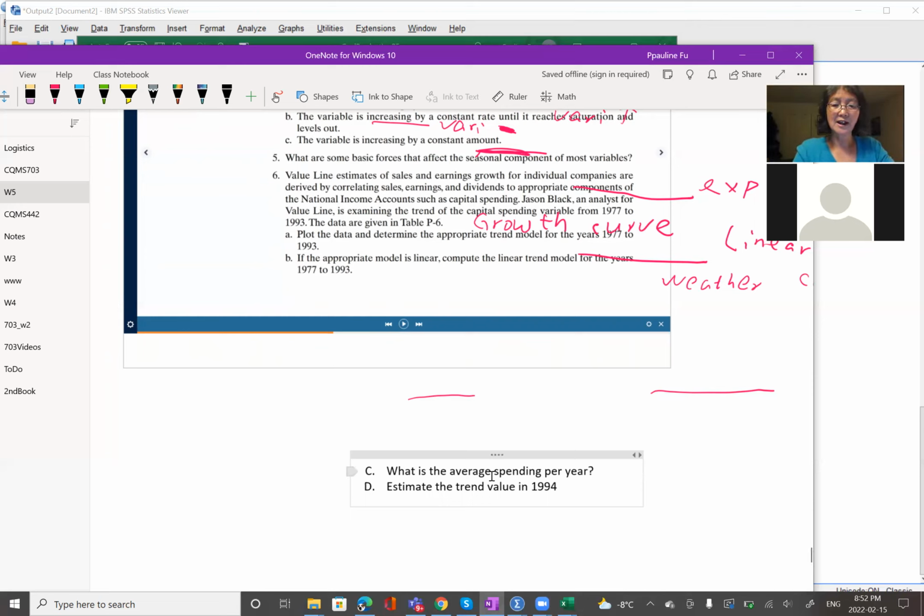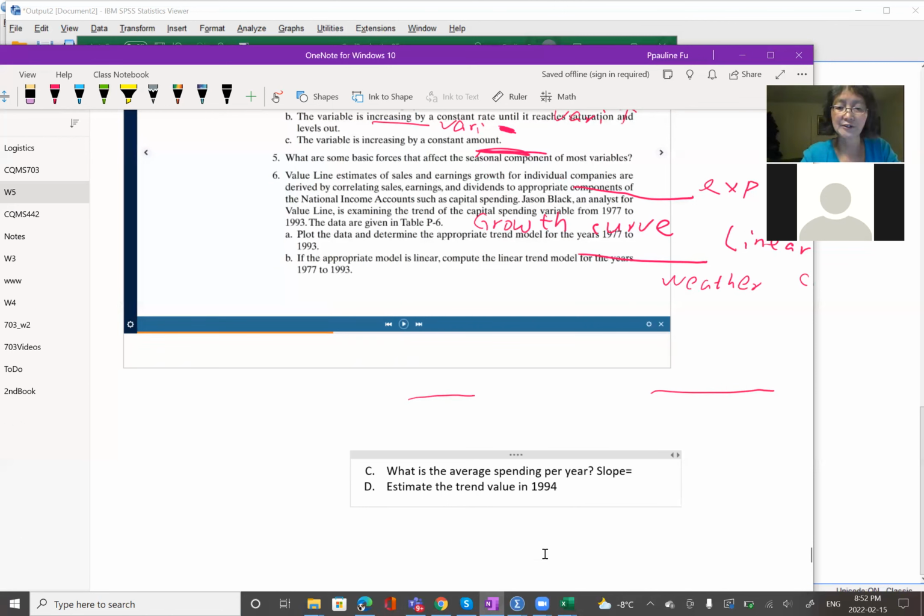Question C, what is the average spending per year? The answer is the slope. What is the slope of that equation? Okay, the slope represents the average per year.